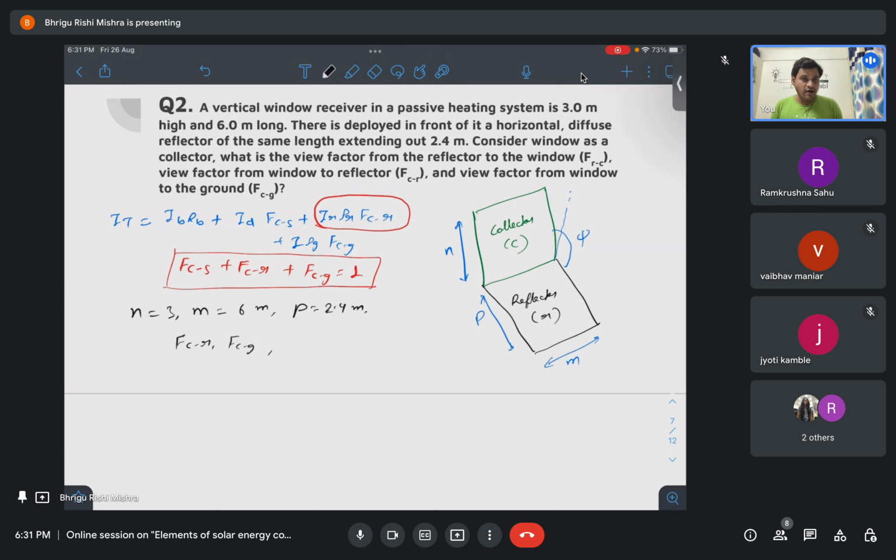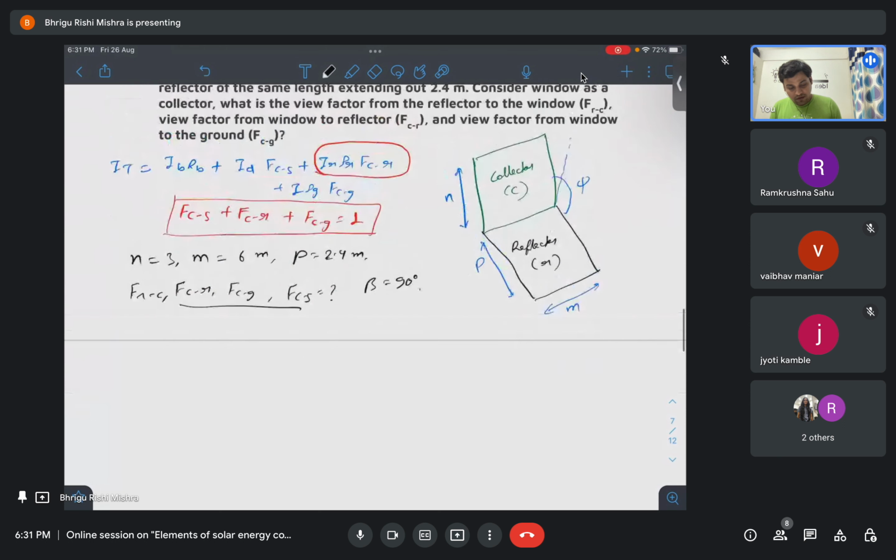So the tilt angle of the collector is 90 degree. So these four quantities I need to calculate, and the tilt angle is 90 degree.